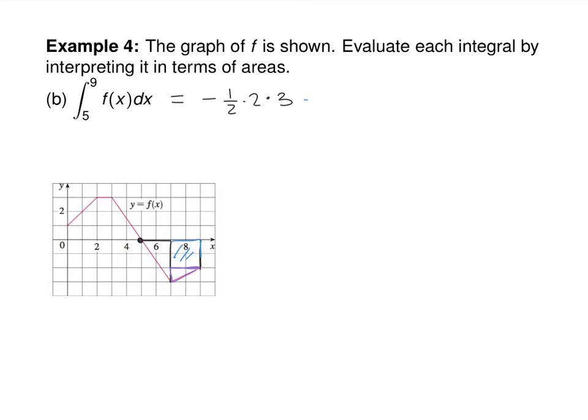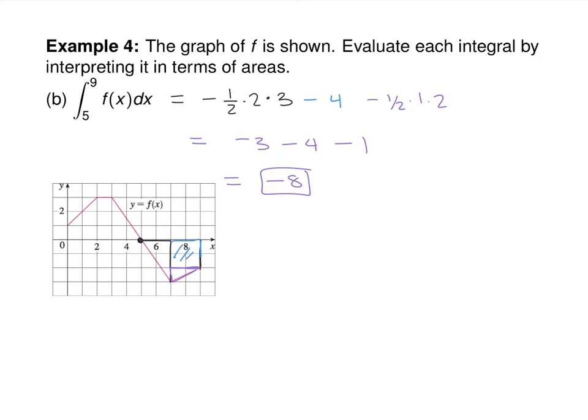And then we're going to have -4 for the square, right? And minus how much for the purple triangle? -1/2. I think 1 times 2. Do you agree? So that will be -3 minus 4 minus 1, or -8. So that's why it was the sign thing before, because we're having negative areas.